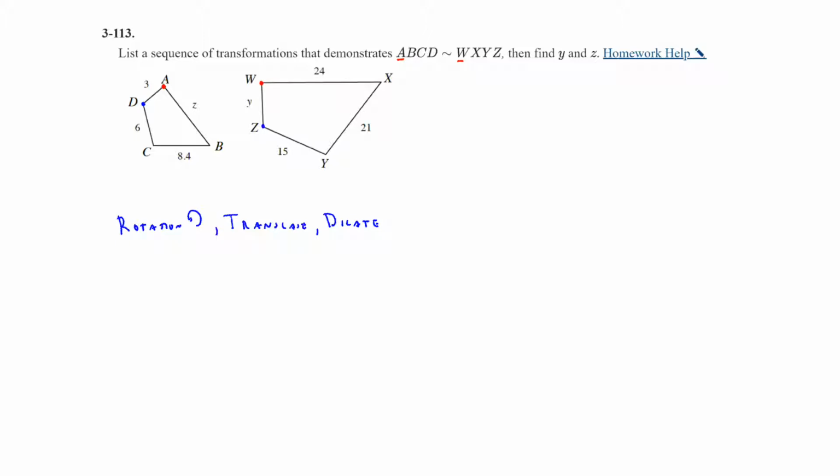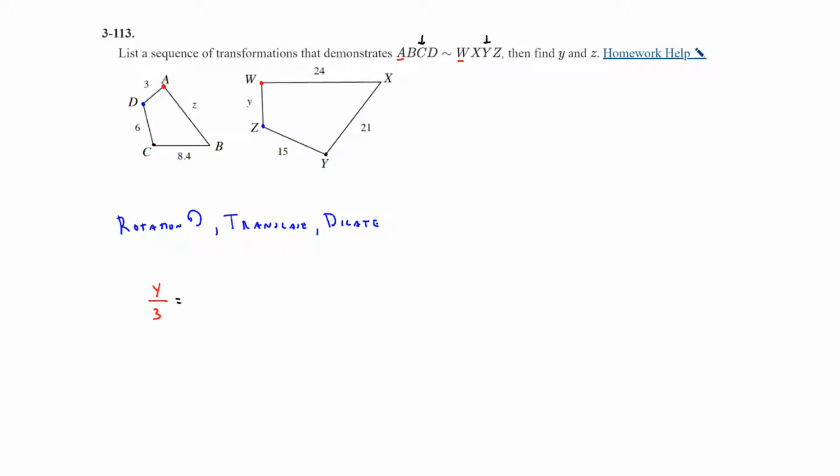So let's match some things up here. A, D, and W, Z, they match up. So I'm going to write the big figure over the little one. That'll tell us what that zoom factor is, the ratio as well. So Y over Z. Then we can also go C and Y match up. So this point matches up with this one. And once again, if you can't see that, you can look at the similarity statement.